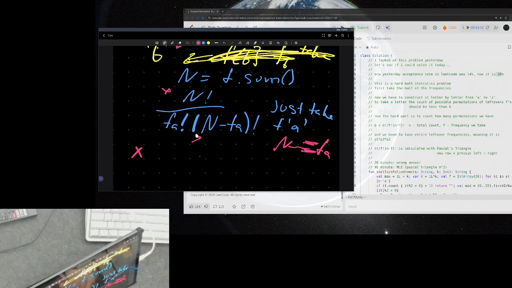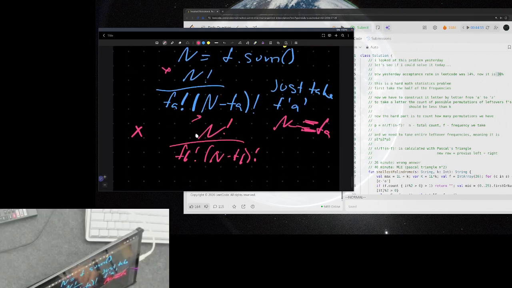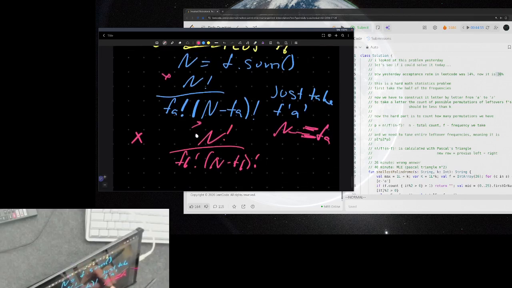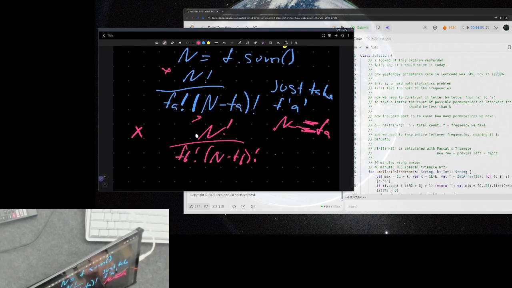Then we take f of n. Okay, this is again n factorial, n minus fb, and this is a factorial all the way. And again we take n minus fb.